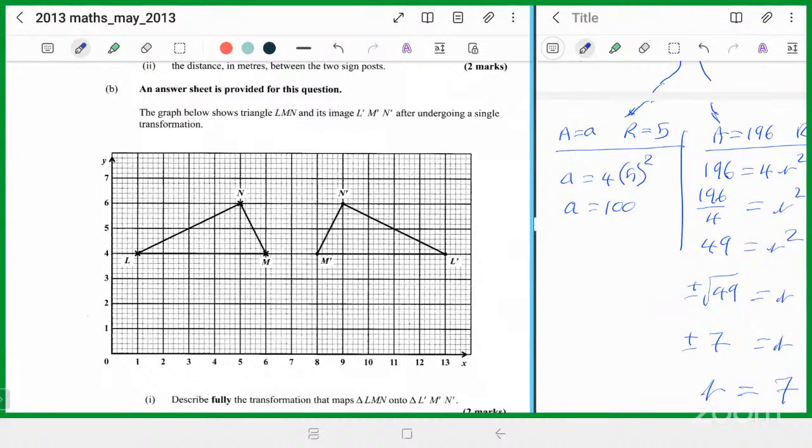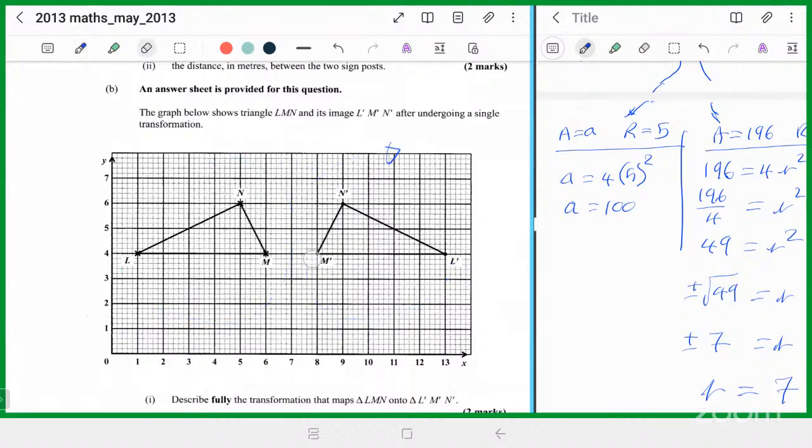It's like a reflection. To check if it's a reflection, you can check the orientation. For example, LMN on this one goes this way, but LMN on this one goes this way. The orientation is reversed. Orientation is reversed when you reflect in a line.